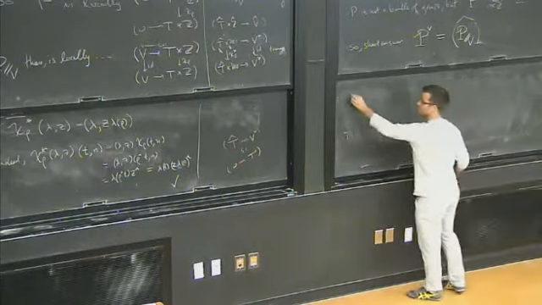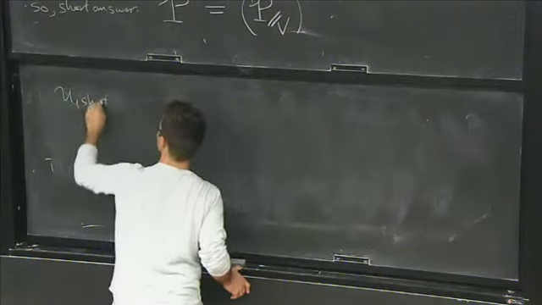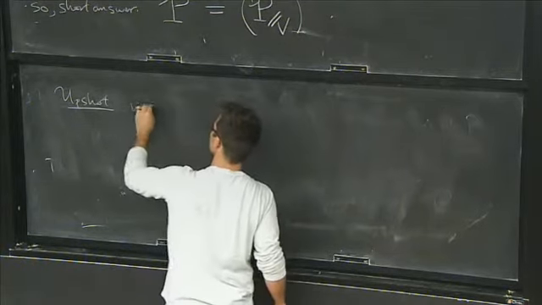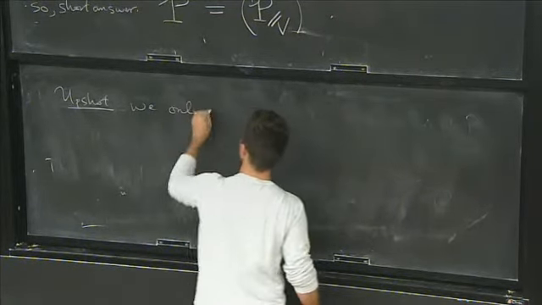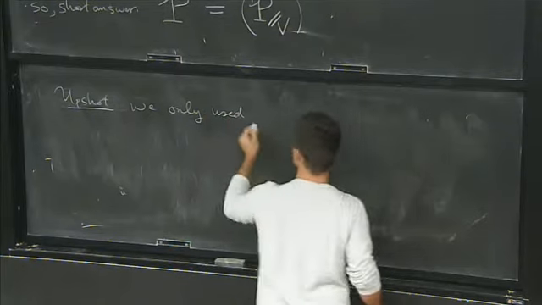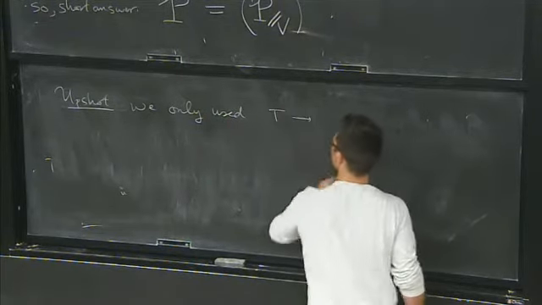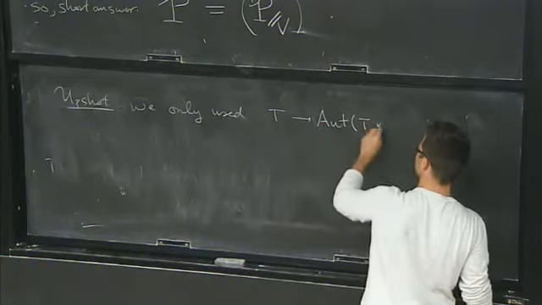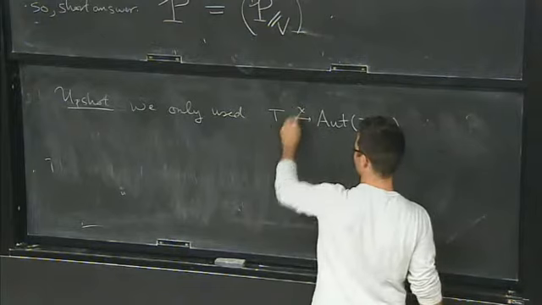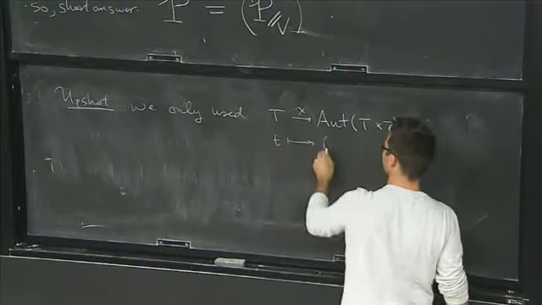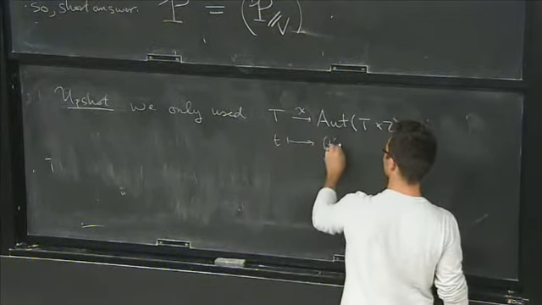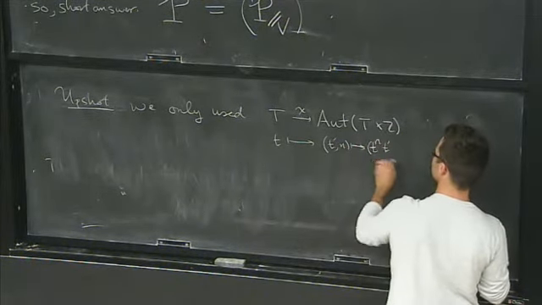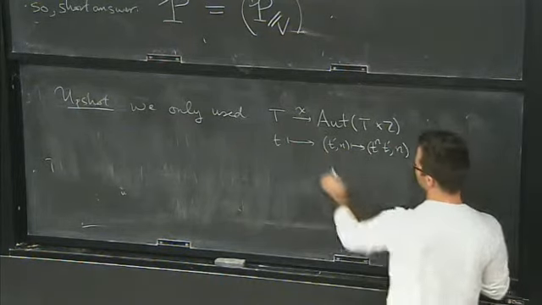So, the upshot is that the only thing we used to make this construction work was this inclusion of T into the automorphisms of T cross Z, which is just chi, where you send a point T to the automorphism that sends T prime n to T to the n times T prime times n.